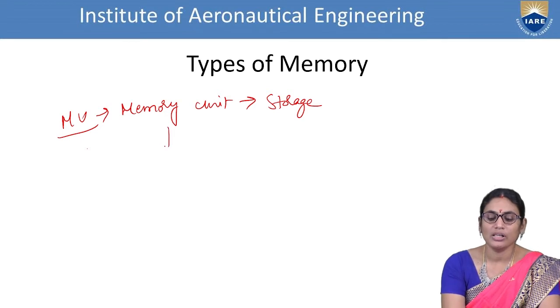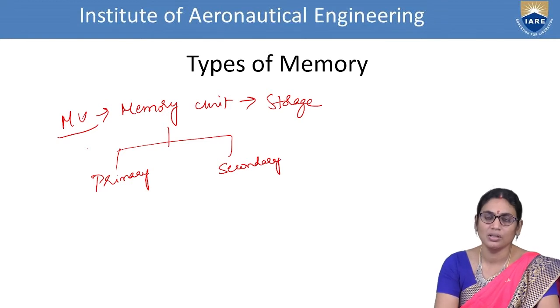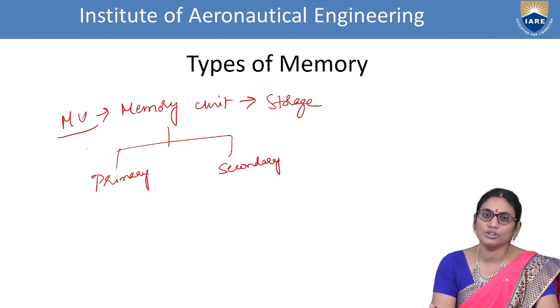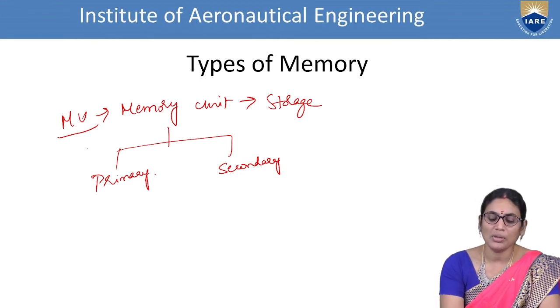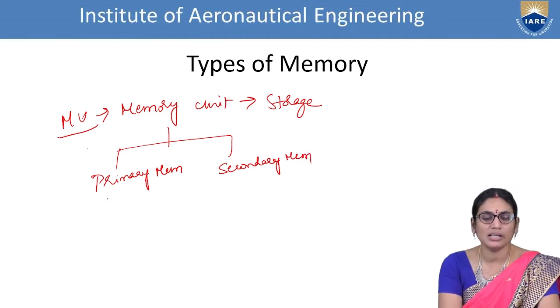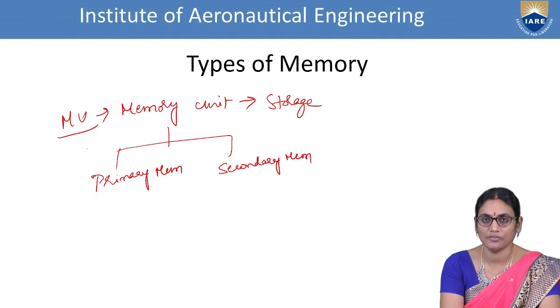Now, memory unit is generally classified into primary memory and secondary memory. This is a general principle. So primary memory, what does it mean? Secondary memory, what does it mean? Let us see. Primary memory, as the name suggests, acts as a major source to store the information.